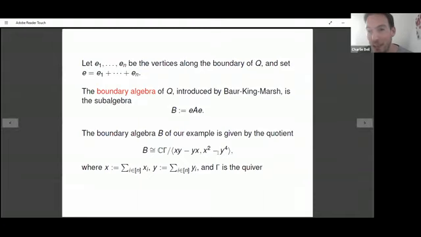Okay, so this is for a particular example that's missing from the picture, so use your imagination. And here, this gamma is just a cycle quiver where we have n vertices going around this circle, and there's an X arrow, say, going clockwise from i to i plus 1 around our quiver, and a Y arrow going counterclockwise.